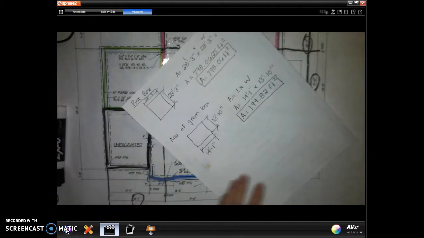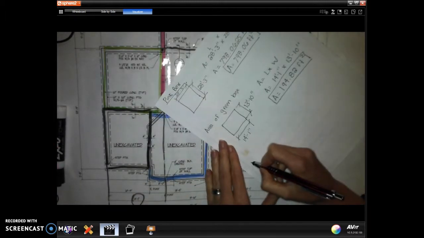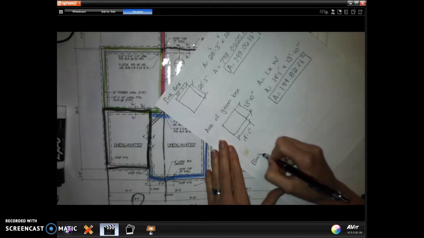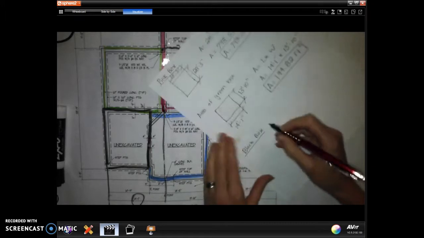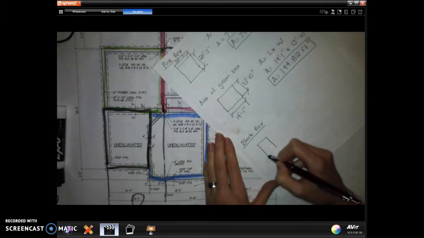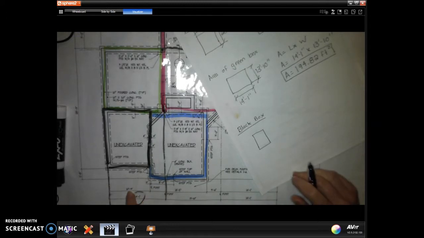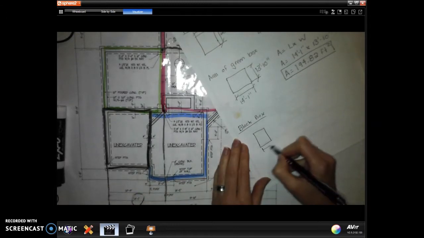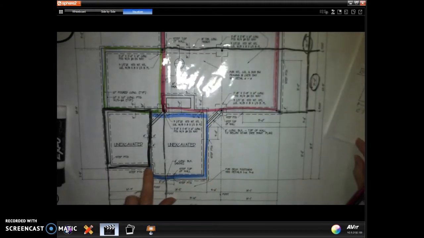So then we'll go back to the next box. So we're going to do the black. So we have another rectangle type shape here. It looks like it's about 10 foot 3 inches by, do we have a dimension?